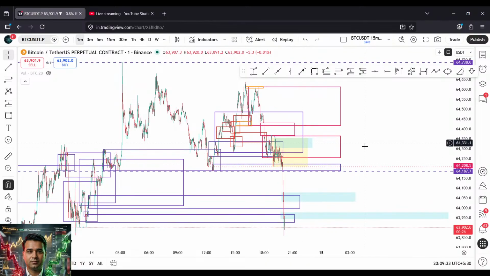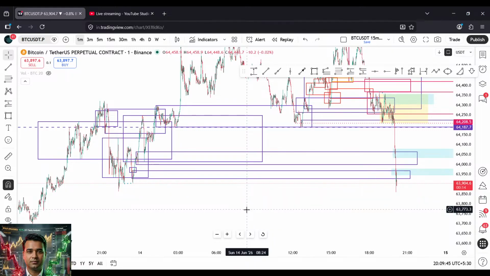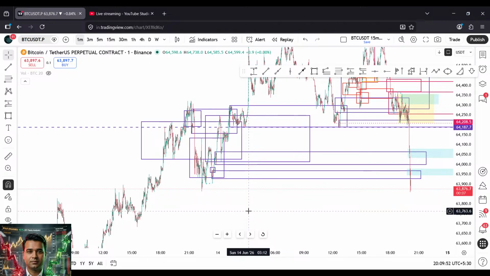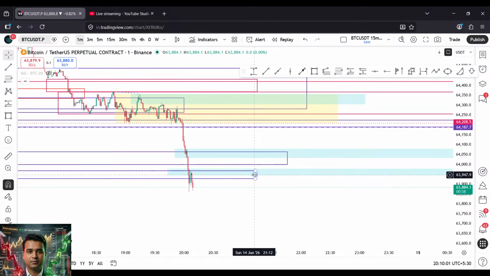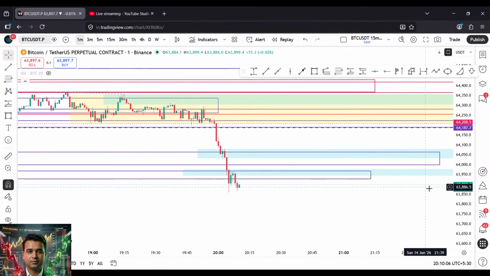This zone is now very important. Now look at this.